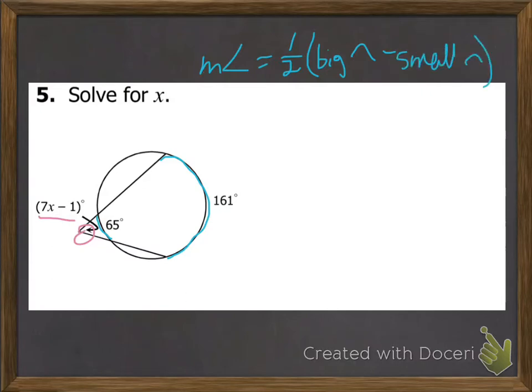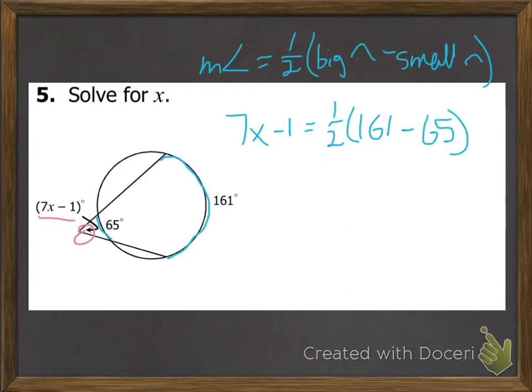It's always going to be the case. So I'm going to go ahead and do 7x minus 1 equals 1/2 times, and then 161 minus 65.